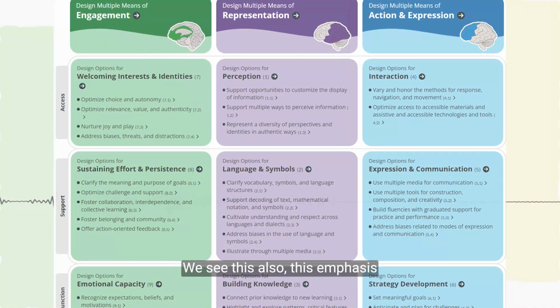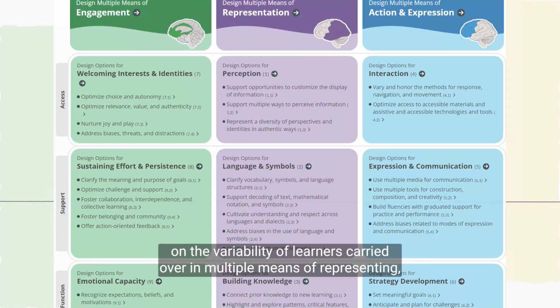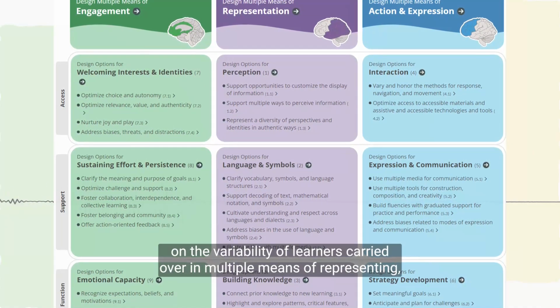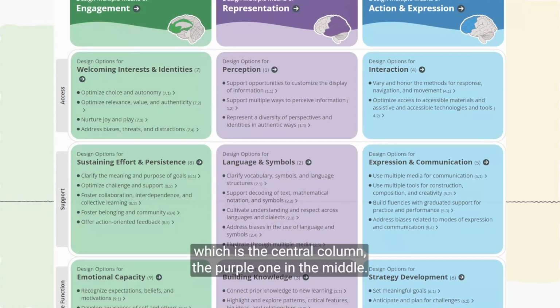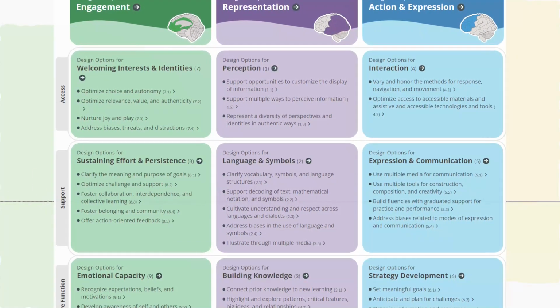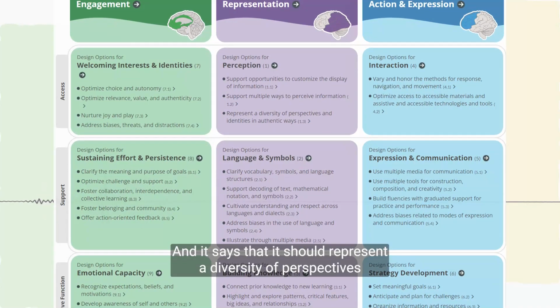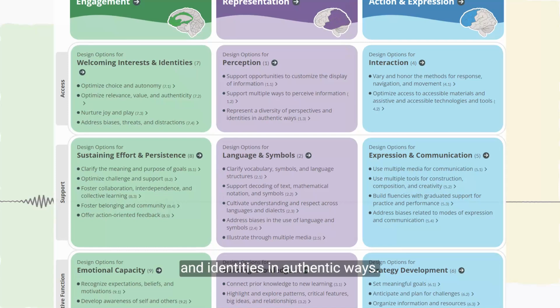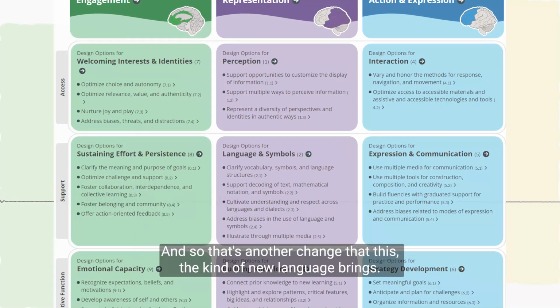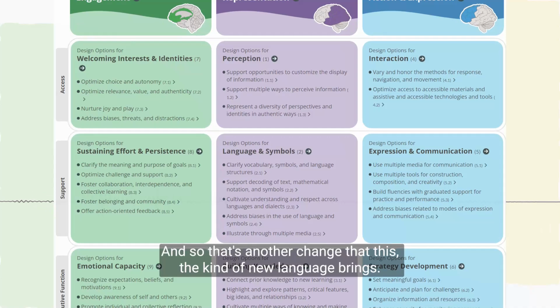We see this emphasis on the variability of learners carried over in multiple means of representation, which is the central column, the purple one in the middle. And it says that it should represent a diversity of perspectives and identities in authentic ways. And so that's another change that the new language brings.